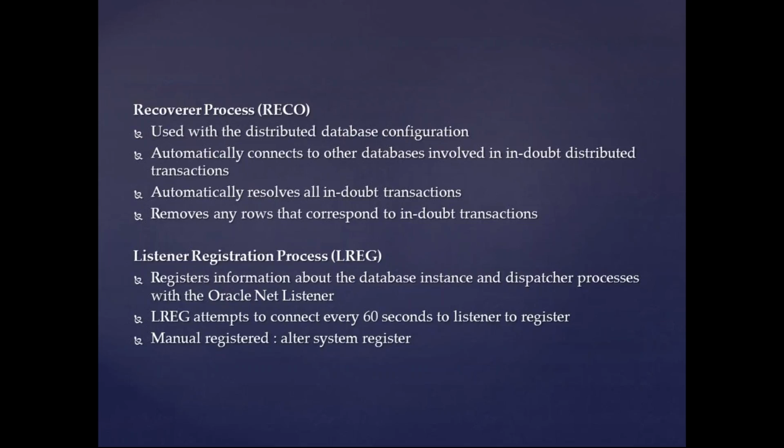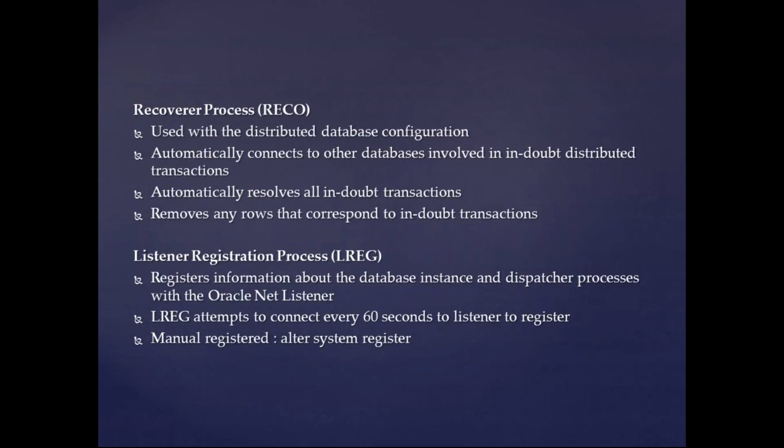If the storage of the database crashes, and some data files or some control files or other major files of the database are lost due to storage issues, then the recovery is done by the recoverer process. Now this recovery is done manually, not automatically by Oracle. So this is done manually by us, the DBAs.